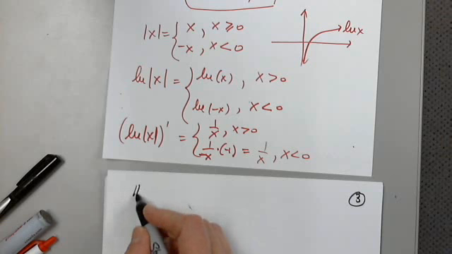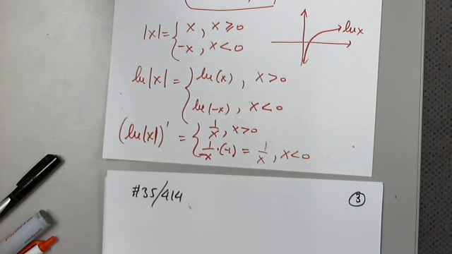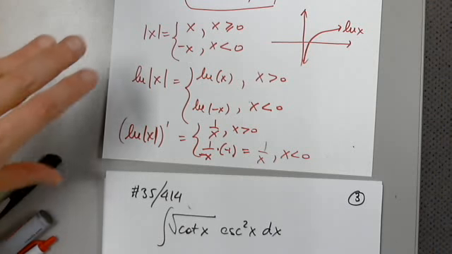Okay, 35. I see it in red on the same page, 414. So everything here was on 414. So the integral, still indefinite, of cotangent x times cosecant squared x dx.